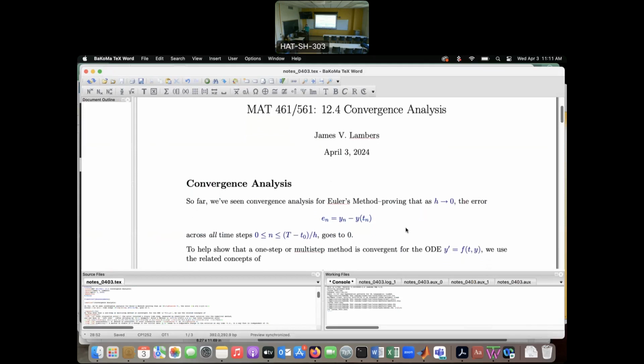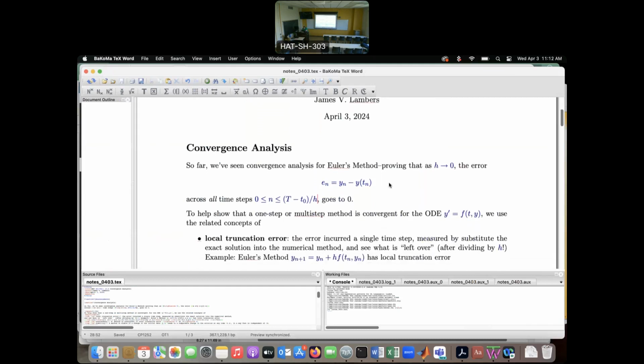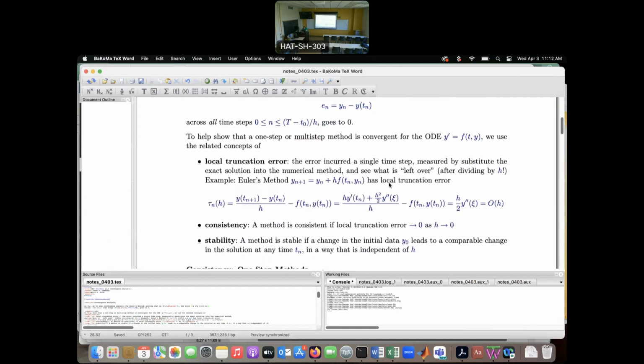I'll give some general definitions of them first, and then, to avoid being redundant today, after giving some general definitions, I will show how those concepts are analyzed when it comes to one-step methods and multi-step methods, because the methods are different enough that the specifics for the 2 categories of methods are quite different.